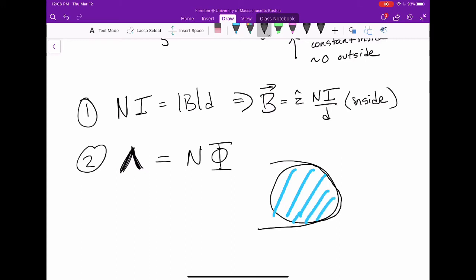Our magnetic field is coming up from the bottom through this loop, like that.